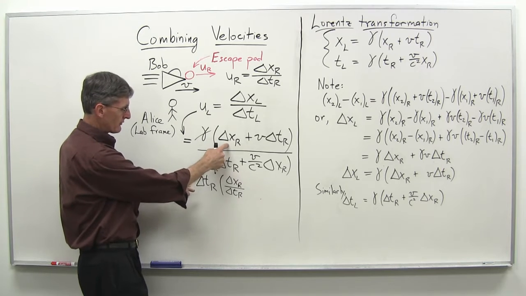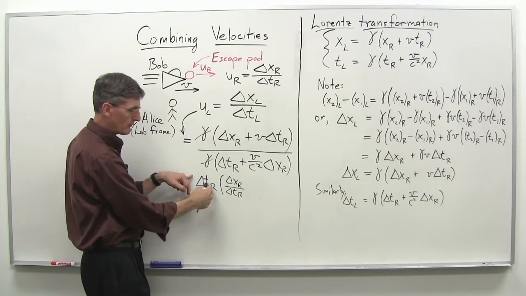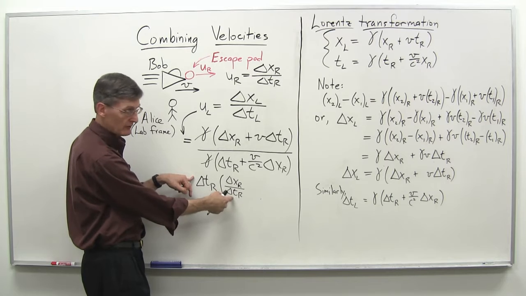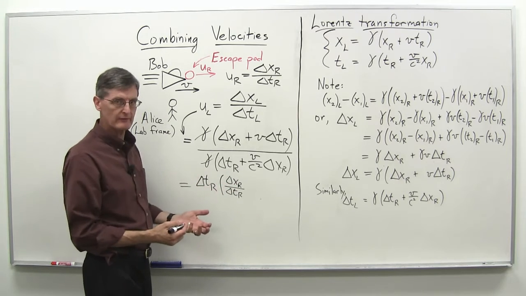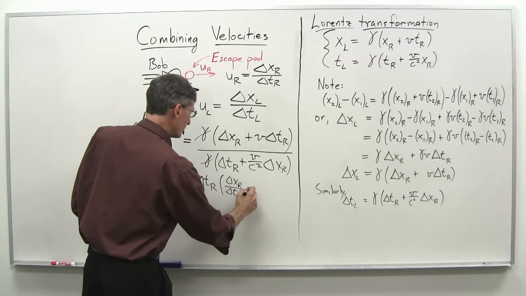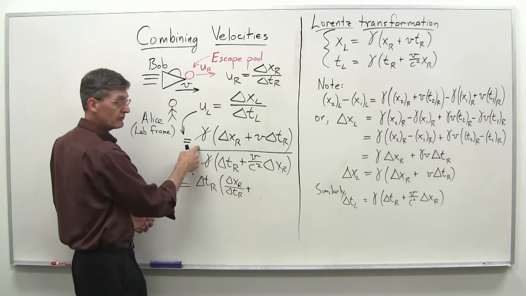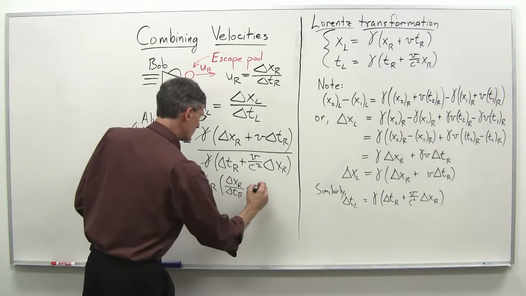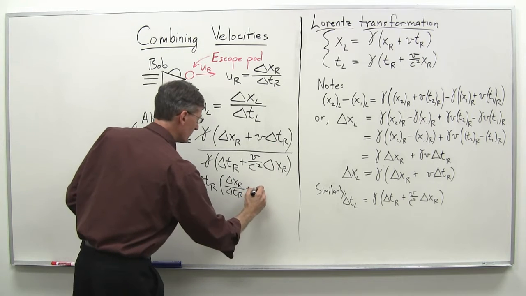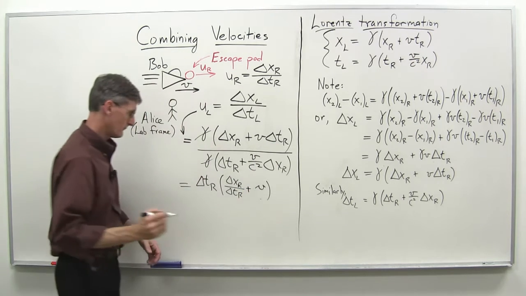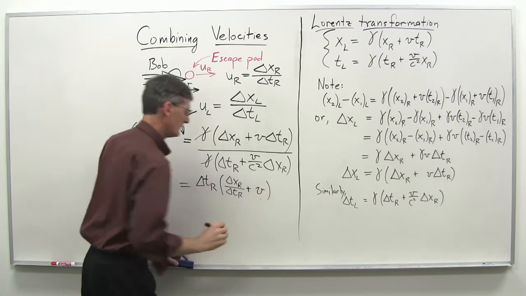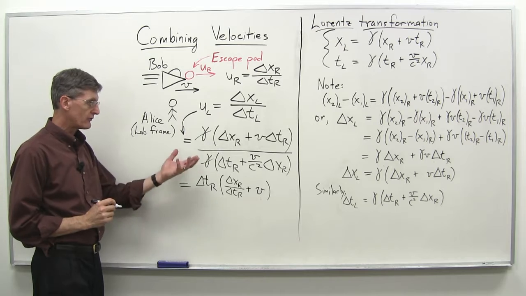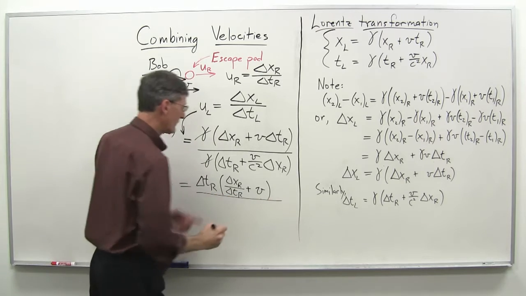This term here, delta x sub r, can be written in this form, delta t sub r times this, in the denominator here, up here, that cancels. That's just delta x sub r in a little more complicated format. Plus the second term, we pulled the delta t sub r out here, so that's just going to be v times 1, or v. Okay, so that's the numerator, the top part there.